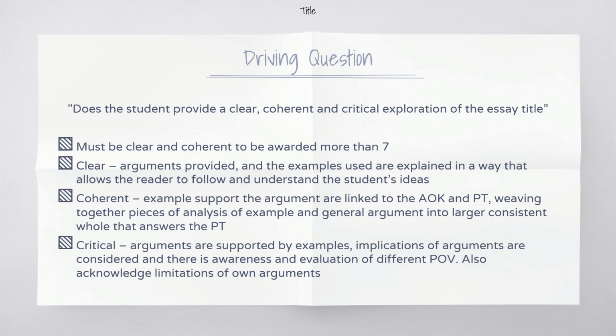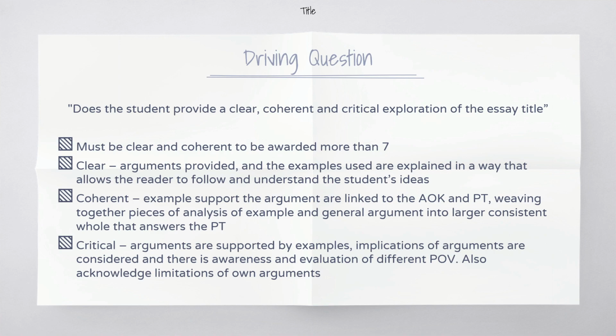I've given you a bit of a breakdown about what these key terms mean. Clarity refers to the arguments provided, making sure that the examples are explained in a way that allows the reader to follow and understand the ideas that the candidate is making. Coherency refers to the examples and their link to the area of knowledge and prescribed title, making sure that you're weaving together pieces of analysis of example and your argument into a larger, overall consistent response that may not answer the prescribed title, but definitely provides a discussion about aspects of the prescribed title.